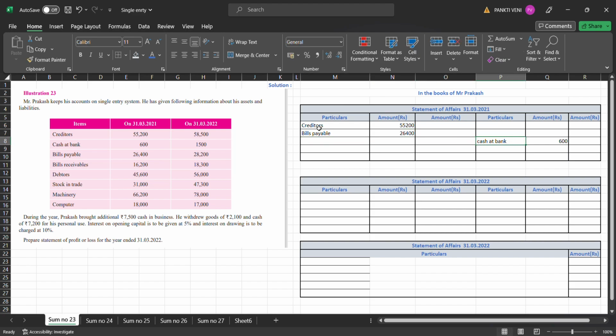Then bills receivable is 16,200. Then I have debtors 45,600. Then I have stock in trade 31,000. Stock in trade is nothing but closing stock.